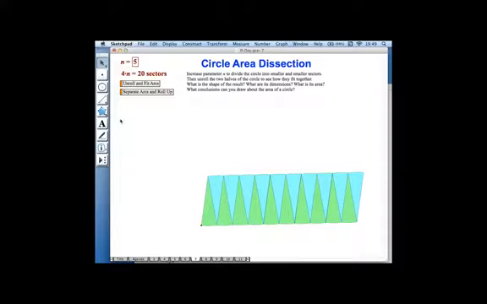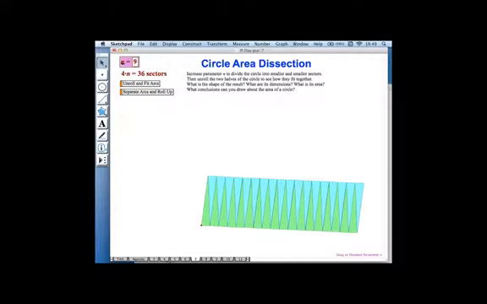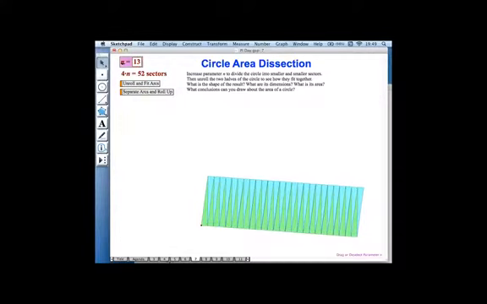So we'll unroll the green and the blue. So there are the teeth, and if we slide the teeth so that they interlock, we get something that looks very much like, although not quite, a rectangle.